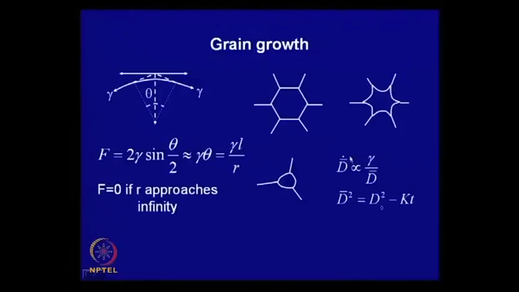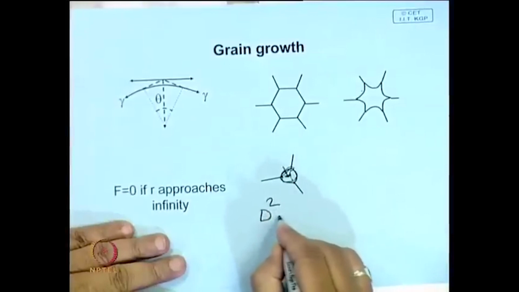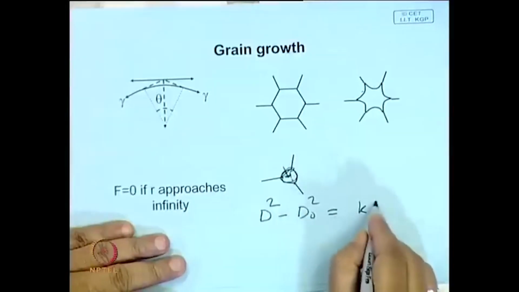So in a way you can say the rate at which grain growth takes place is inversely proportional to the grain size. Then you can easily show that grain growth kinetics will be something like this: d square minus d 0 square is equal to k t.